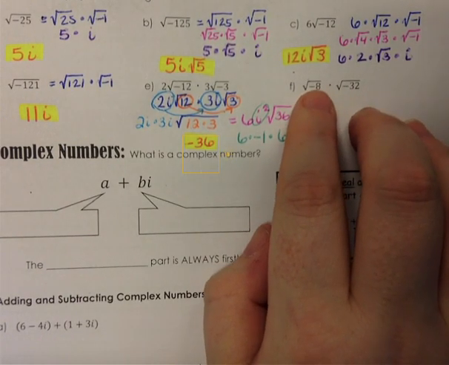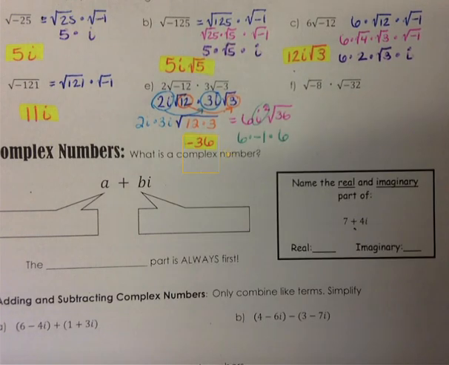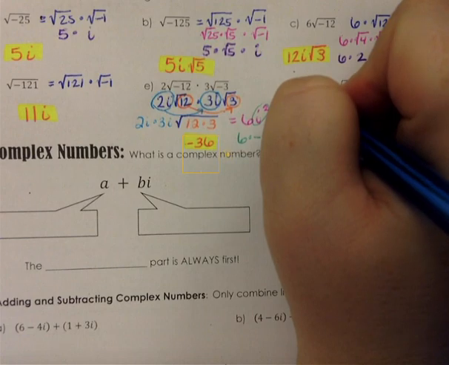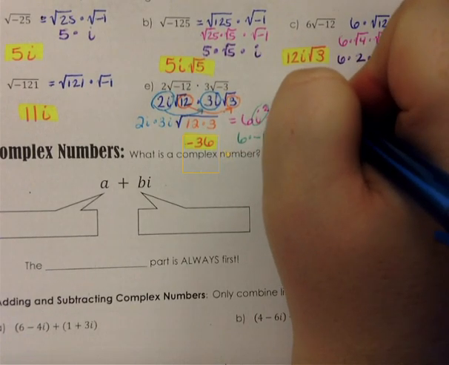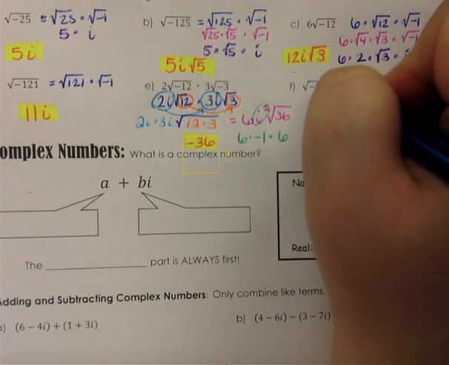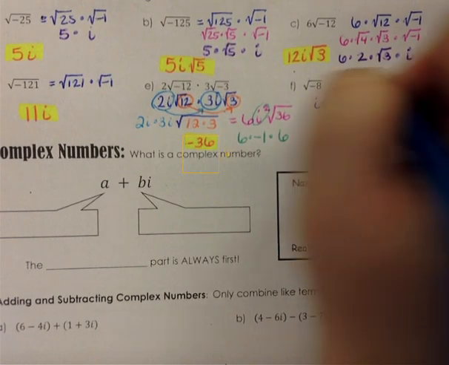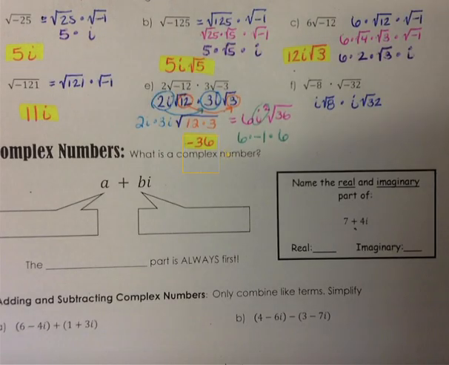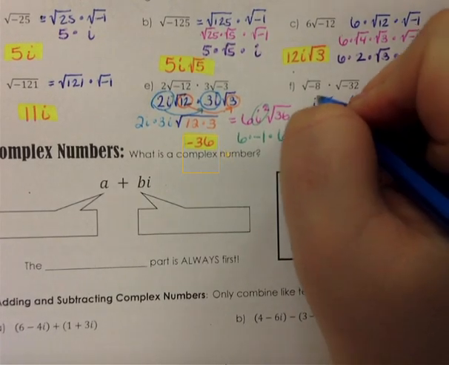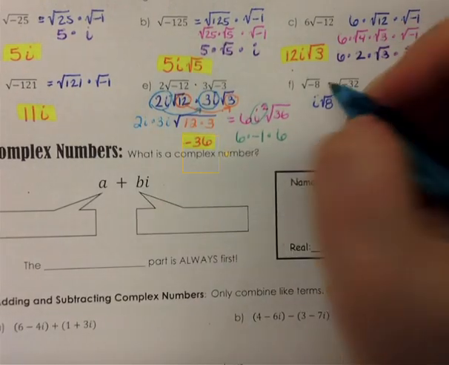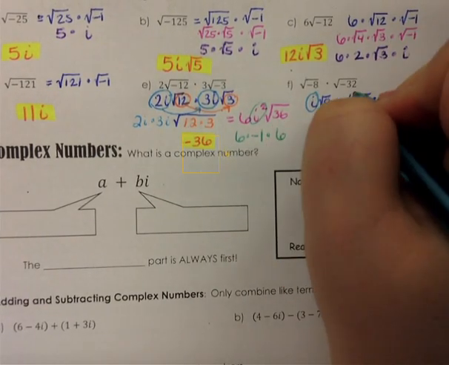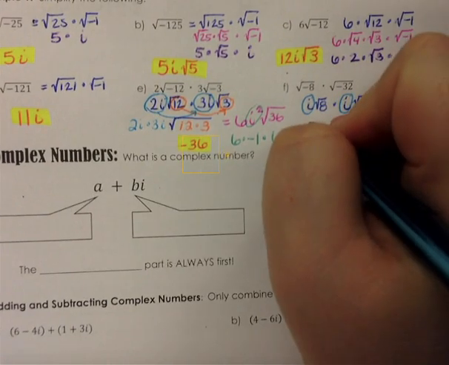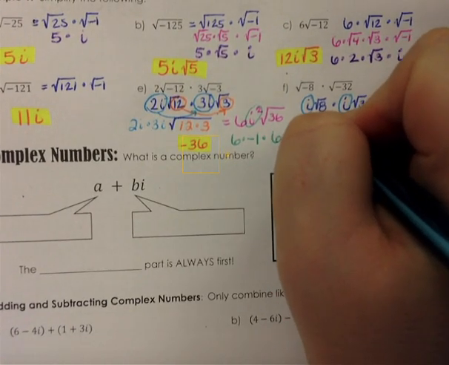I know that will become an i on the outside. So I'm going to go ahead and write that. This is really i square root of 8 times i square root of 32. So again, I'm going to multiply my coefficients of i times i. I'm going to have i times i.